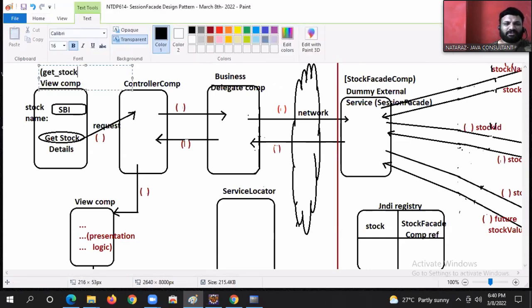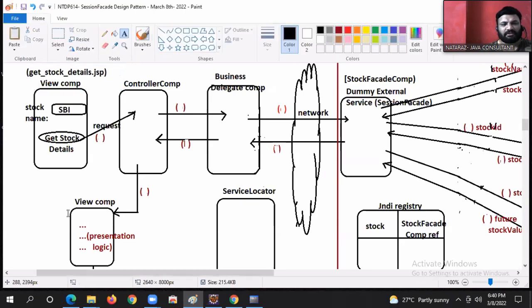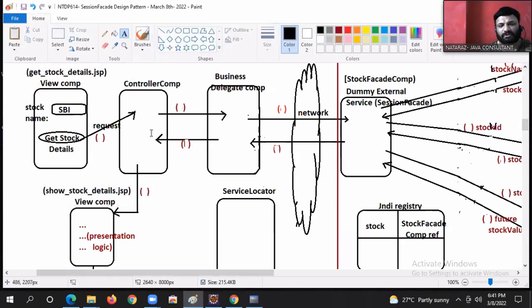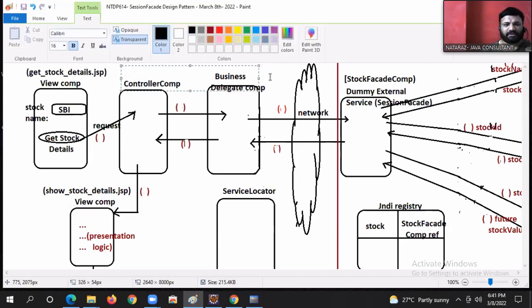Get_stock_details.jsp. Next, show_stock_details.jsp. Show_stock_details.jsp.